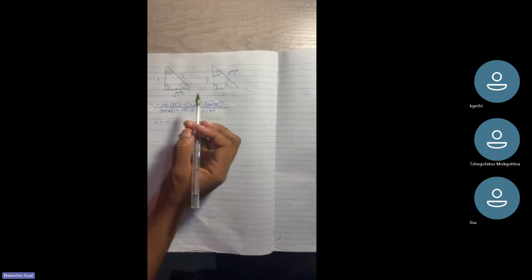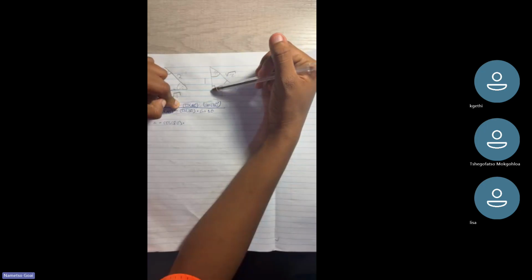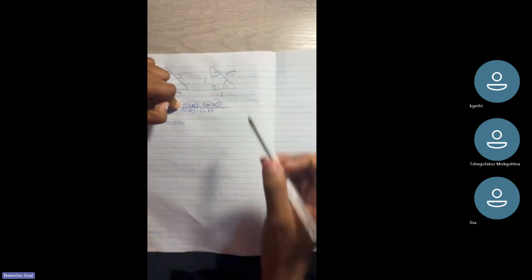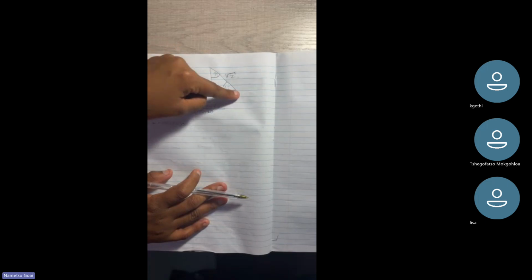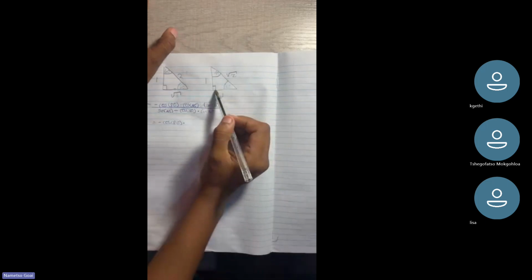So over here, we're going to have negative cos of 80 multiplied by cos of 45. Go to the 45-degree angle. What is your cos? It's adjacent over hypotenuse, so it's 1 over root 2. Multiplied by tan of 30.